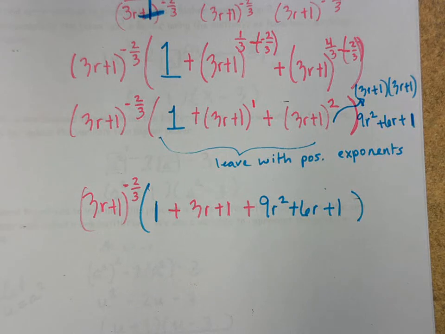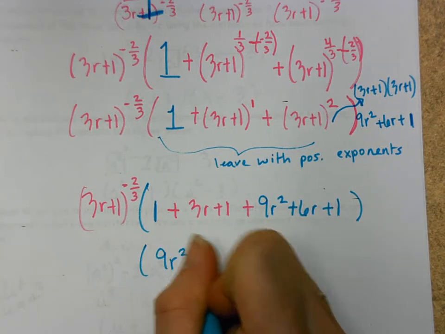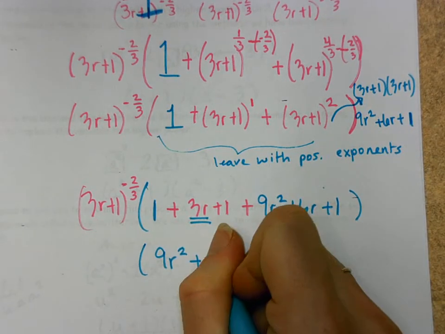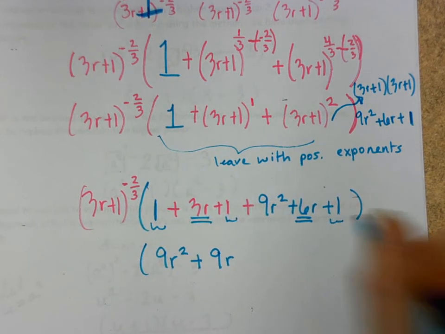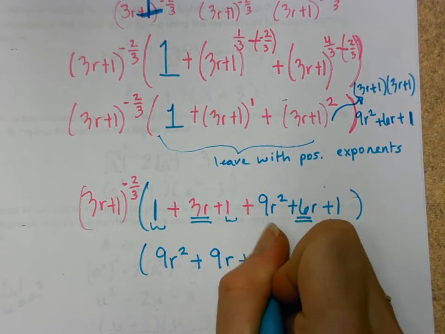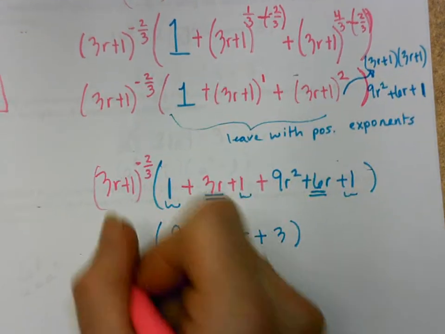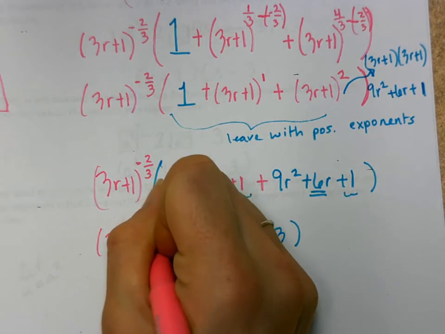The 9r squared, because it has the highest exponent on it. Good. So I have 9r squared plus, what's 3r and 6r? 9r. What is 1 plus 1 plus 1? 3. And I still have that GCF on the outside, so I'm going to make sure to copy it down. 3r plus 1 to the negative 2/3.